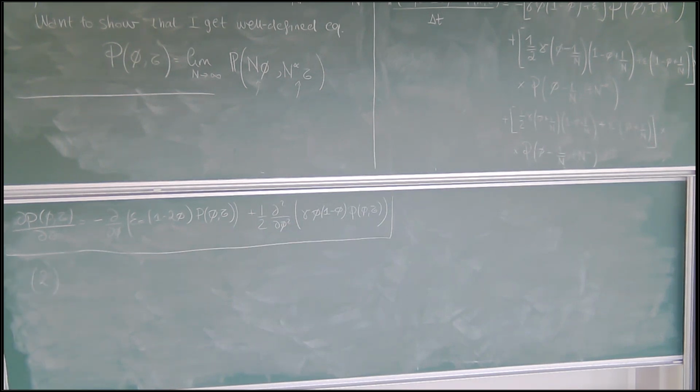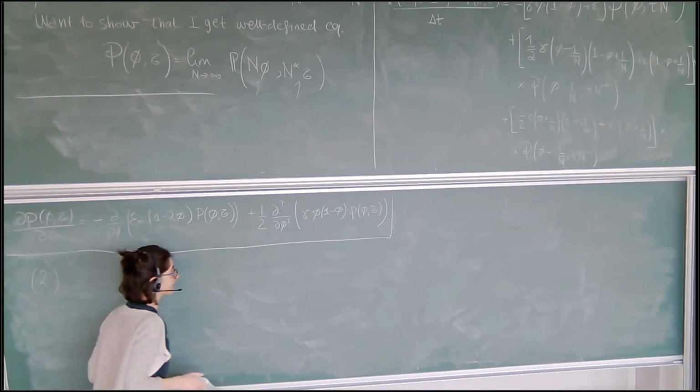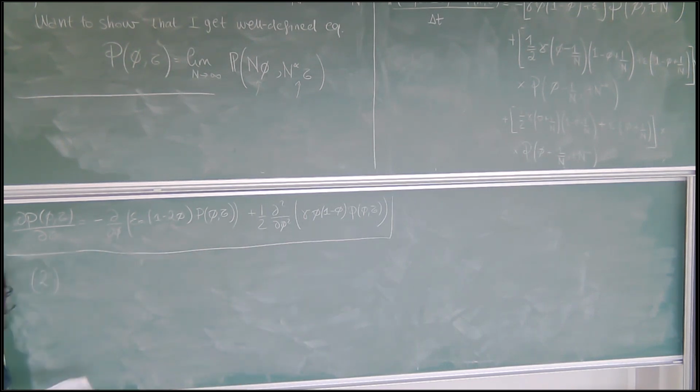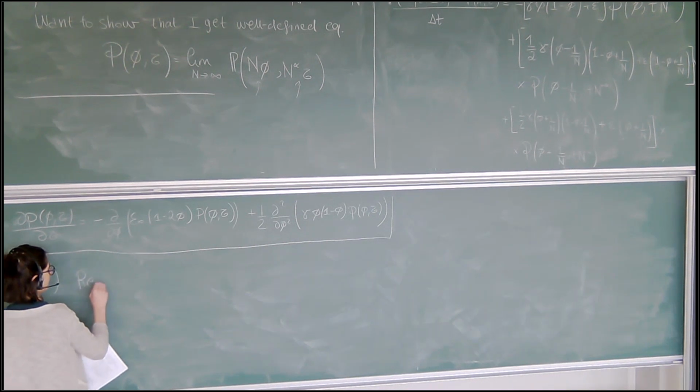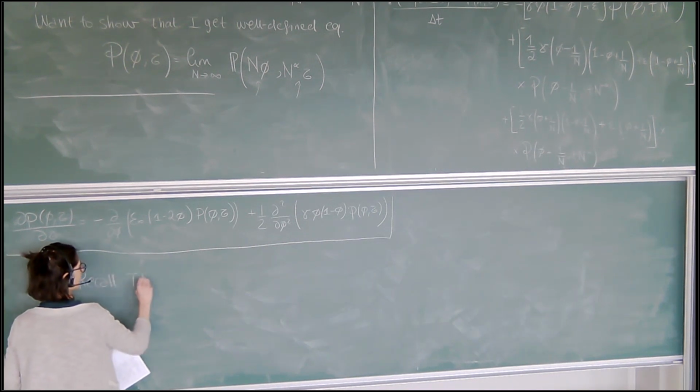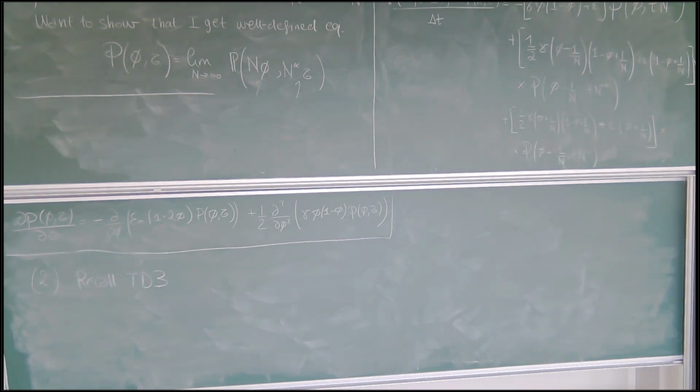And the way you can justify it is by recalling something that I sketched very fast at the end of the last TD, but which you find, so recall the solution of TD3, where you have a derivation of Fokker-Planck equation from the Langevin equation.